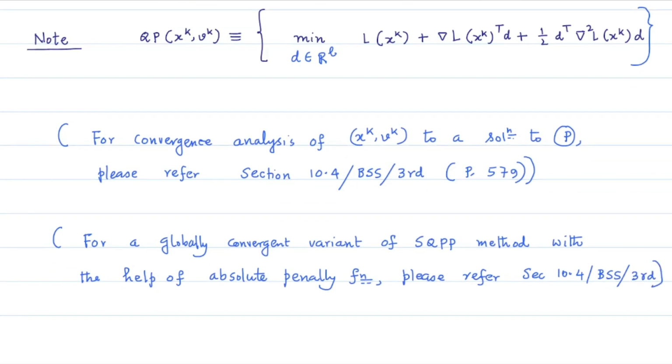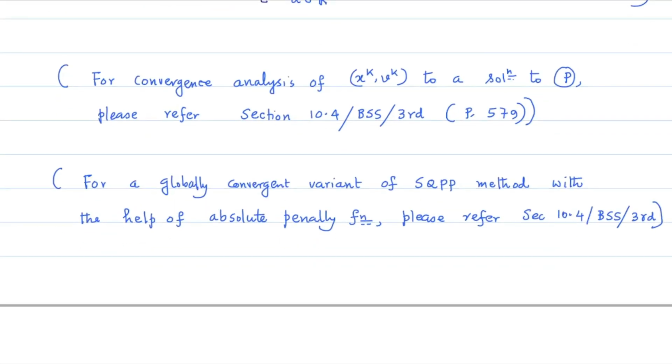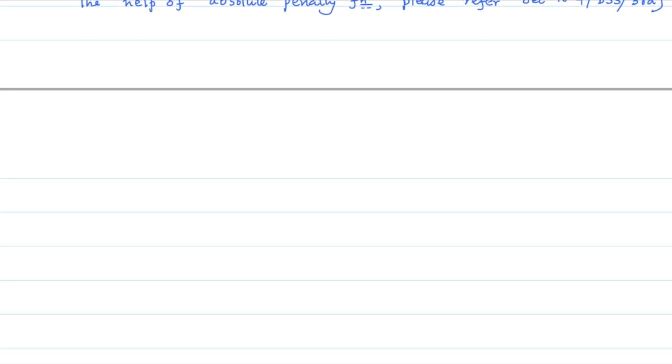Now I will write down a neat stepwise process of the sequential quadratic programming method to solve a constrained optimization problem. The rudimentary sequential quadratic programming technique is as follows.